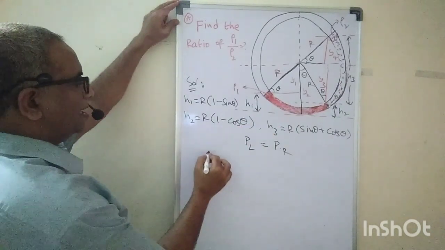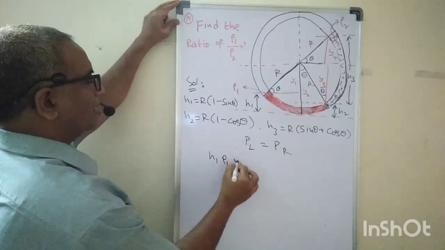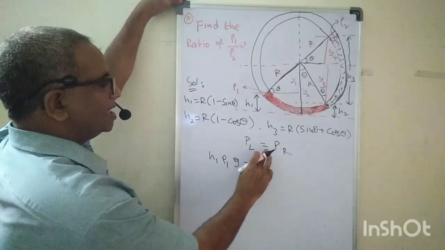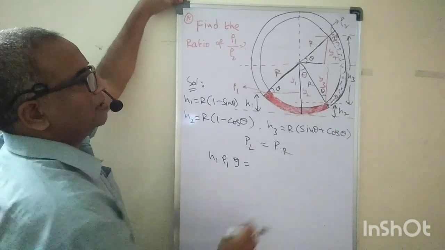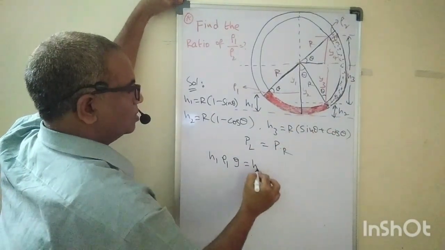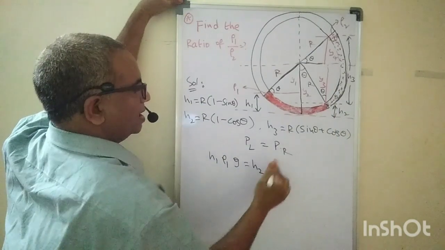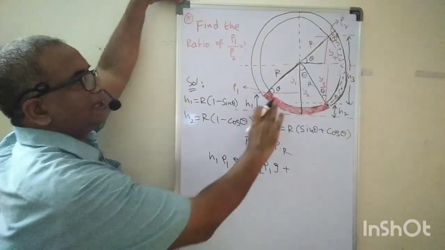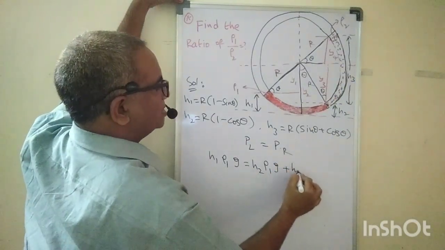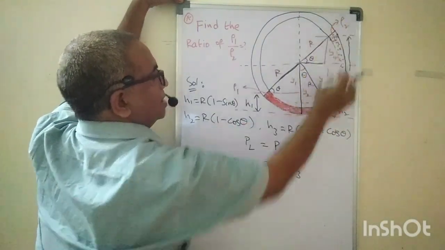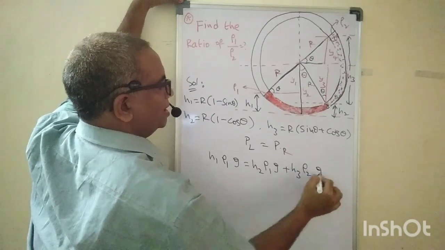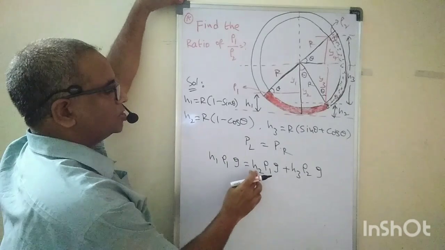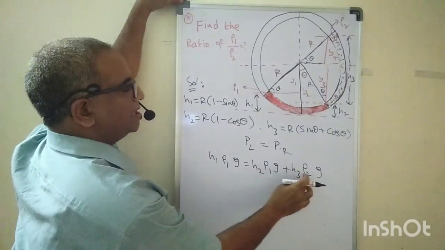It's h1 rho 1 g, equals, and on the right side, h2, but the density there is rho 1 only, so h2 rho 1 g, plus h3, and the density there is rho 2 g. So h1 rho 1 g equals h2 rho 1 g plus h3 rho 2 g.